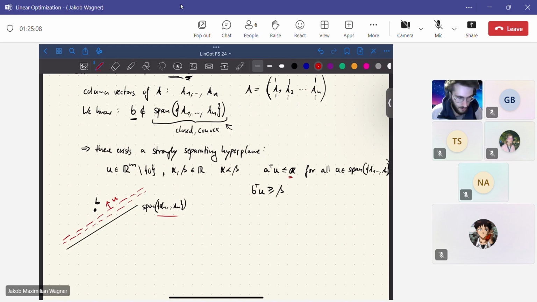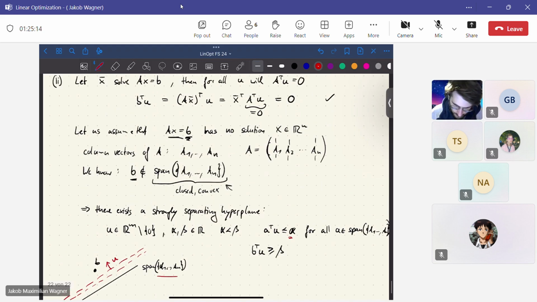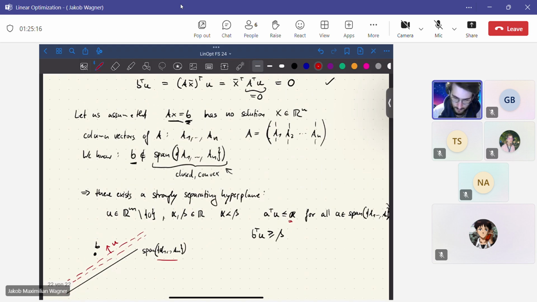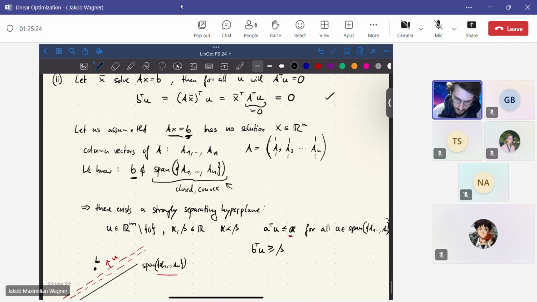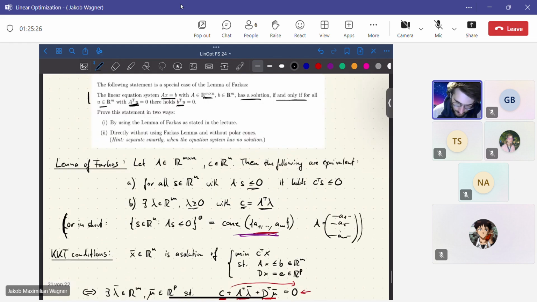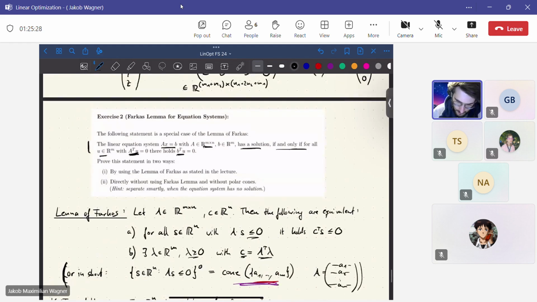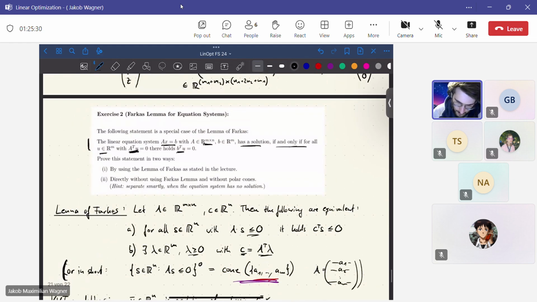Now, what does this mean? Remember that we are in this proof by contradiction. So we said that this system has no solution, and so we want to derive now that also this other statement is false.